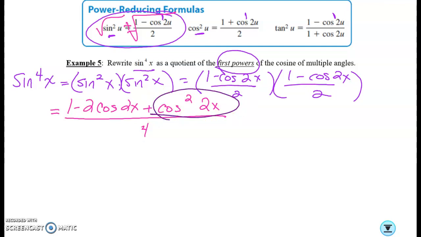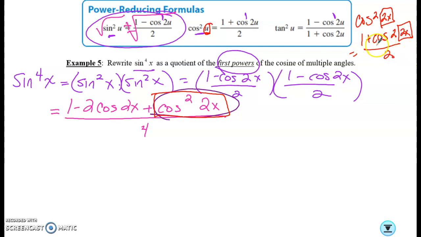Okay, so we don't have a formula for the cosine squared of 2x, but we do have cosine squared of u. So you need to manipulate that in order to substitute it in here. So the cosine squared of 2x, which is going in for u, is going to be equal to 1 plus the cosine of 2 times 2x divided by 2.